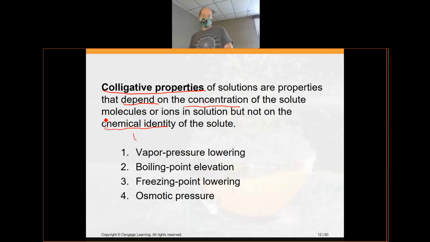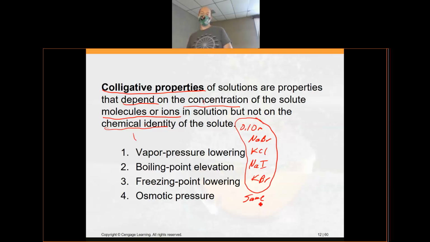Because here it says molecules or ions. All right. And that's where it covers itself, but very unclear. So if we had a 0.10 molal of NaBr, KCl, NaI, KBr, all of these would be exactly the same.